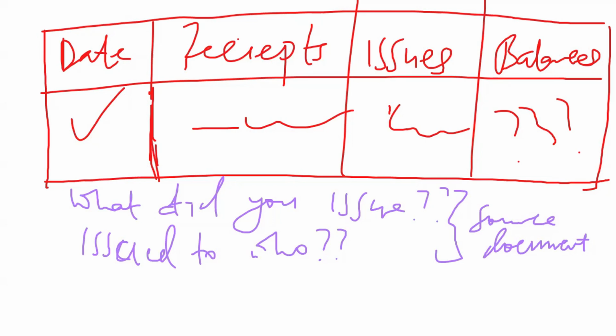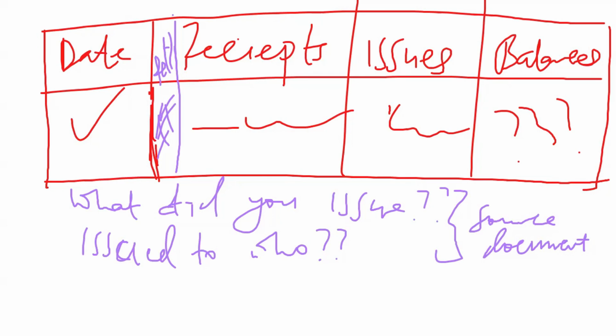At the same time, you may find that your bin card has a column for reference number, because we need to know that the reference number in the bin card is the same reference number that is on the store's requisition. To look at the stock that was taken out of the store, we have to compare the reference numbers.